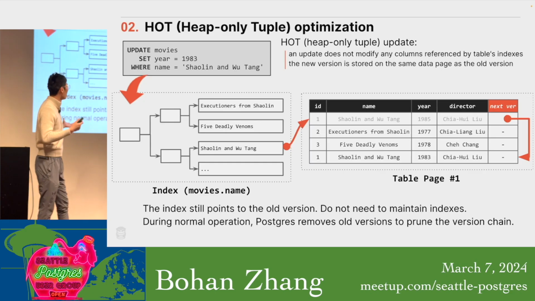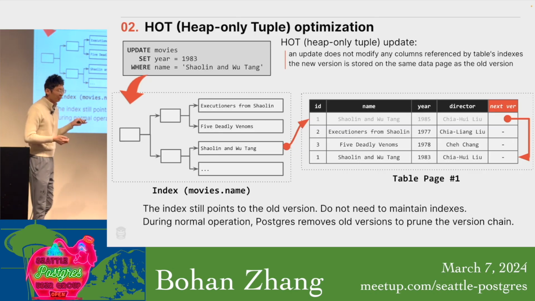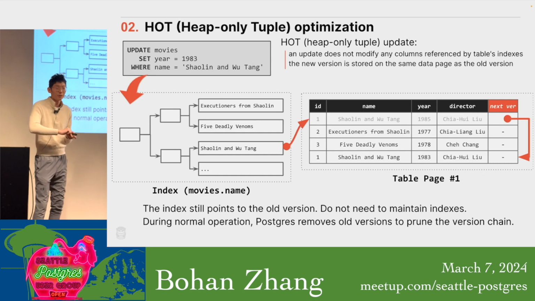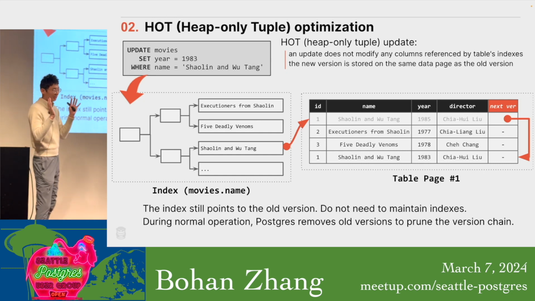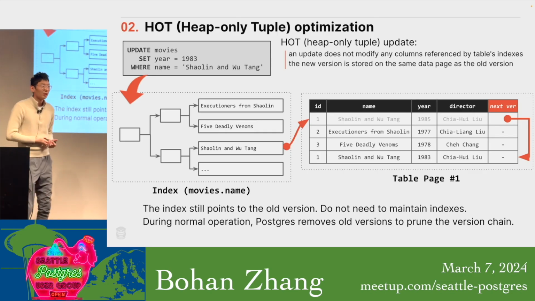Also, during normal operations, Postgres will remove the old versions to prune the version chain. So we don't have too much index maintenance overhead. We also prune the version chain so that we improve read performance, because the depth of the version chain is reduced. So this is called HOT optimization.